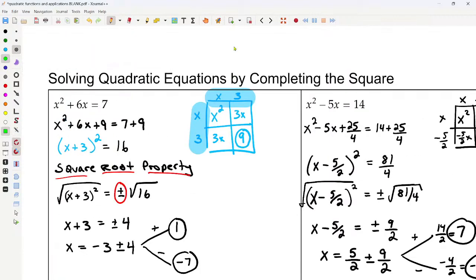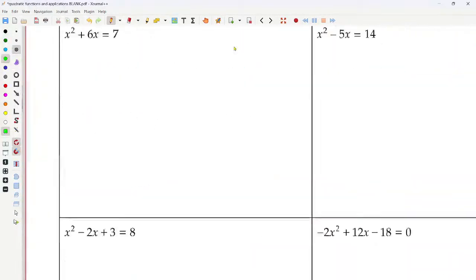X squared plus 6x equals 7, an equation we did earlier. Is it equal to 0? No. But about 2 minutes ago, I said we could use the quadratic formula. I wasn't lying to you, but we can't quite use it in that form. X squared plus 6x equals 7.